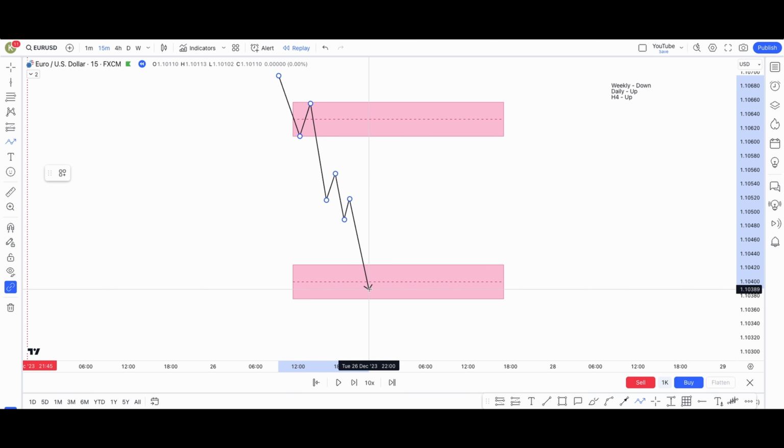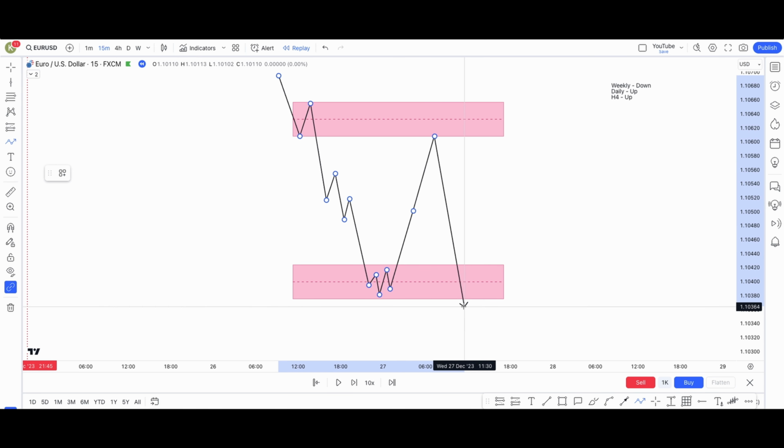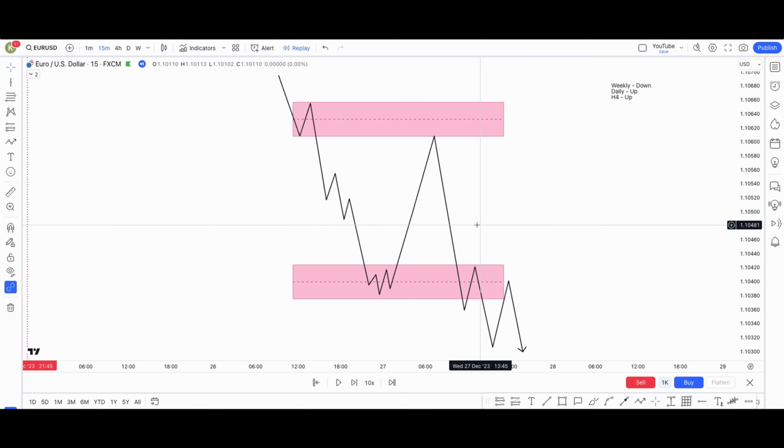Well, what we're looking for is either a CHoCH to occur on the M15 and start working our way up to either the same time frame order block or the next time frame order block, or for us to be able to break through this area, preferably on the H4, doesn't always have to be, pull back and then retest.